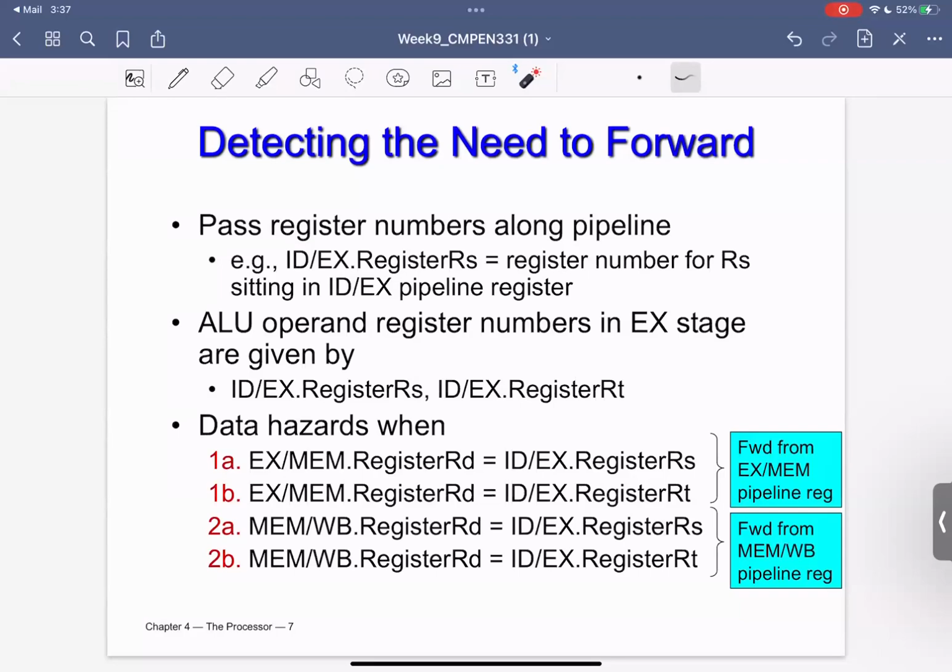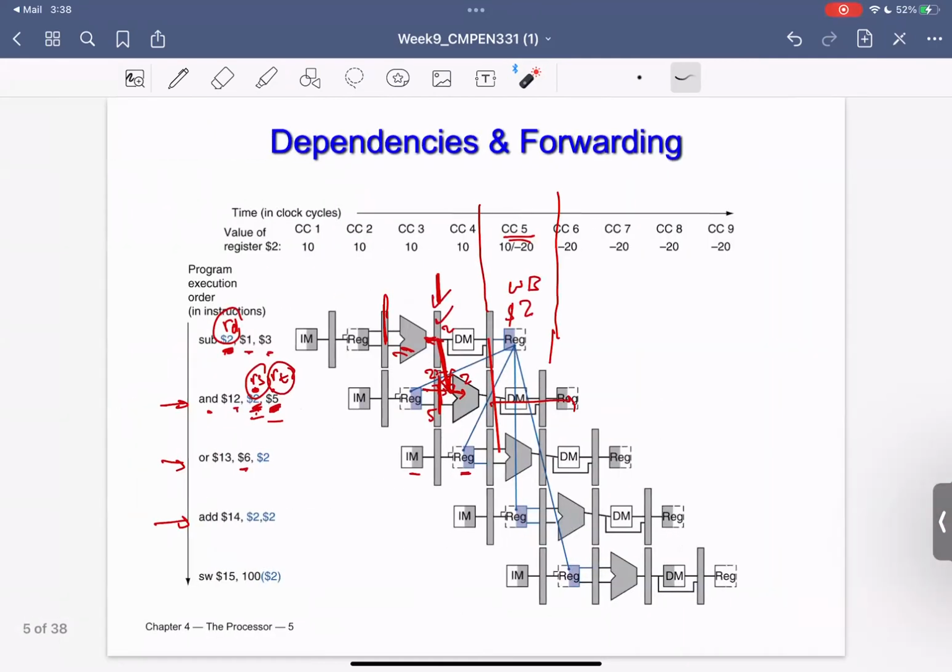So here is just saying exactly whatever we have mentioned, how to detect the hazard. If my RS or my RT in that particular register, ID/EX, either the RS or RT is equal to the RD in the execution/memory register, then I have to forward, and this will be forwarding from the output of the ALU, basically, in this case, which is exactly the same scenario that we mentioned here.